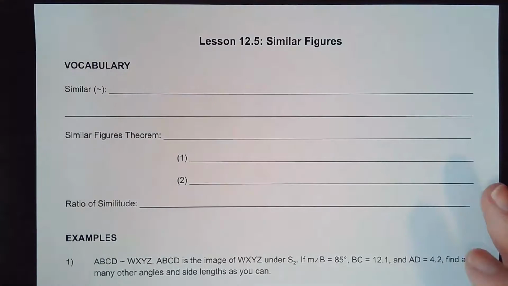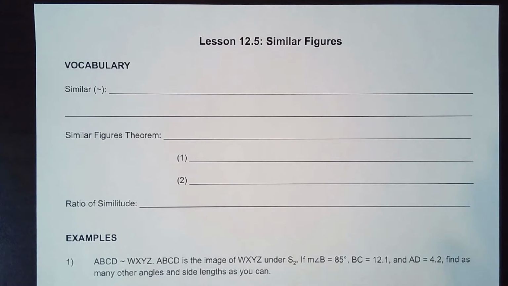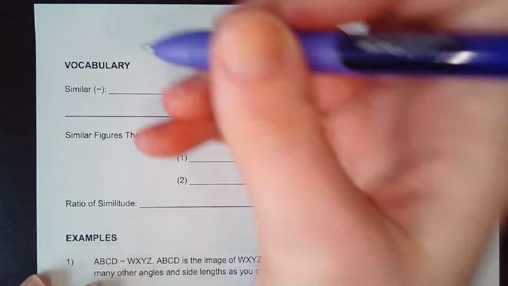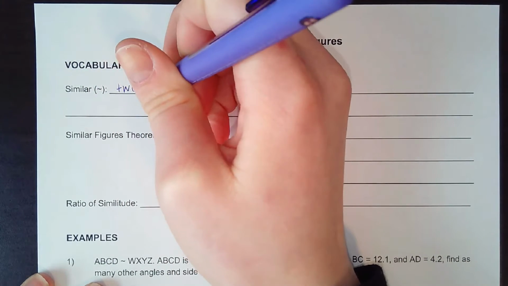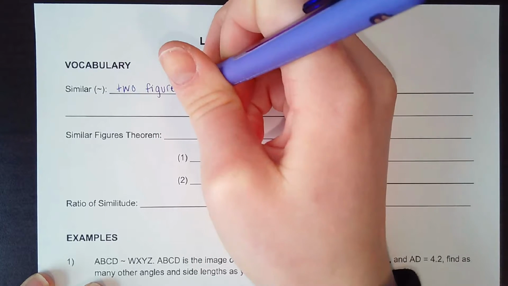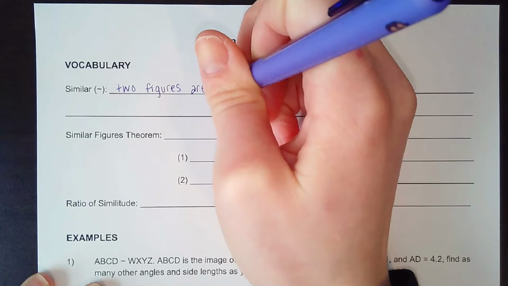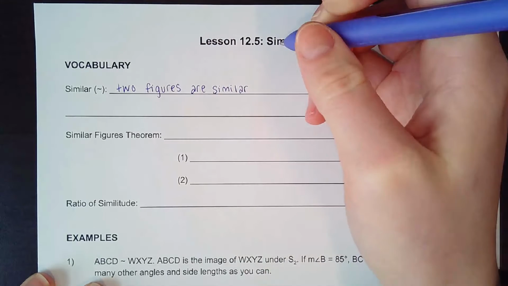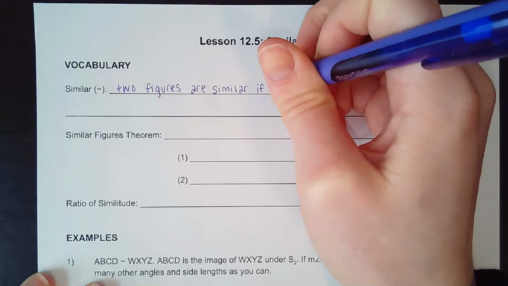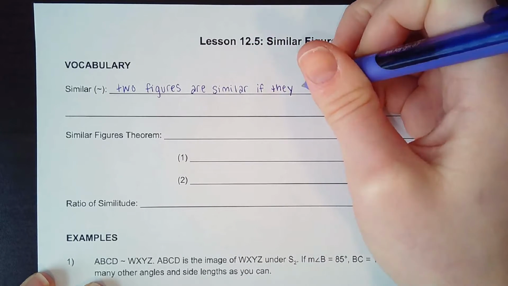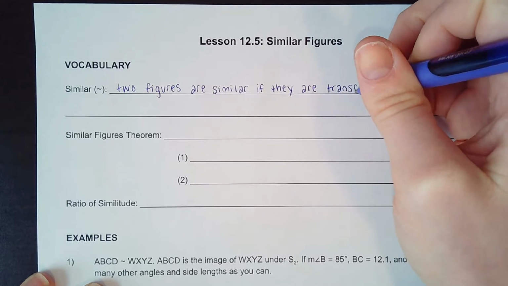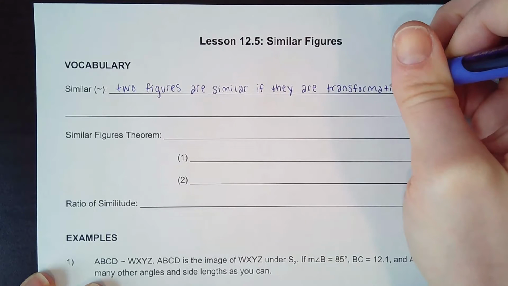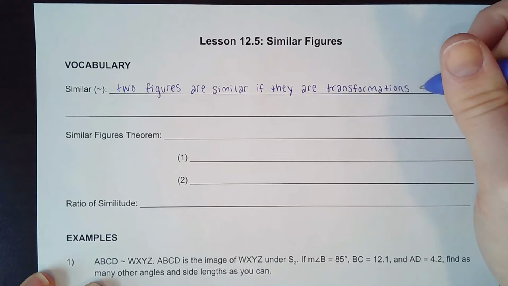So let's start with what it means to be similar. For two figures to be similar, so we'll say two figures are similar if they are transformations of each other.